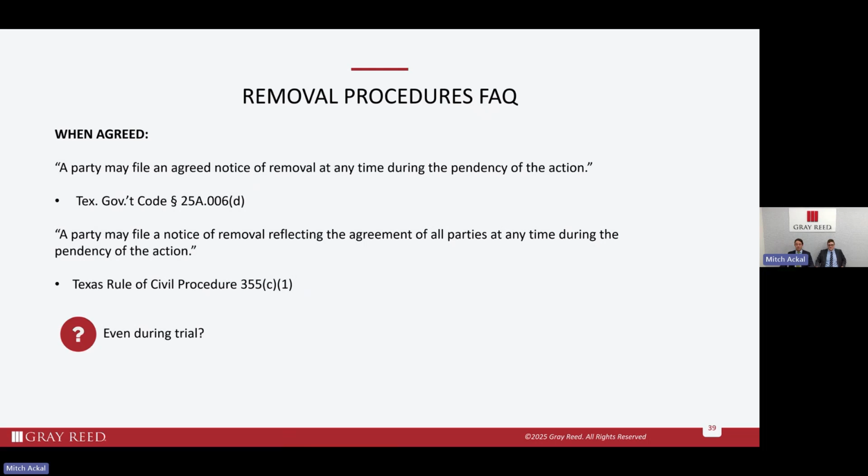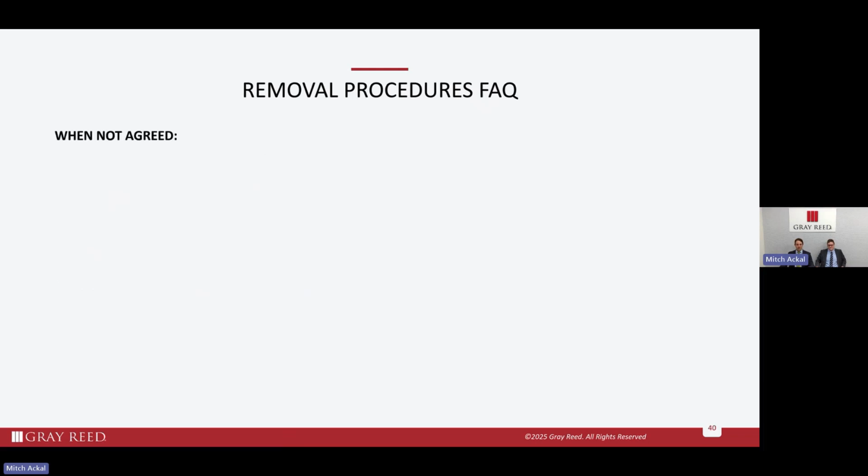Let's say you're in trial and for whatever reason the parties say, hey, we don't want to try this case here, even though we've been litigating it in the district court for 18 months. Based on the plain language of the statute, the answer seems to be yes, you could. And you could take your hypothetical even more extreme. What about even after trial? Again, very, very interesting statute and very interesting wording from the Texas legislature.